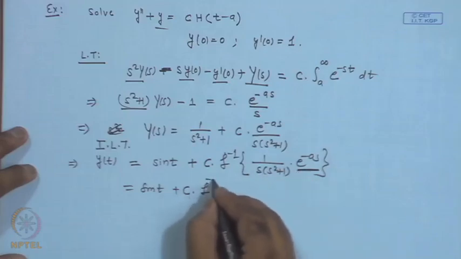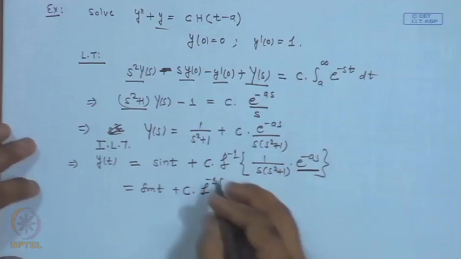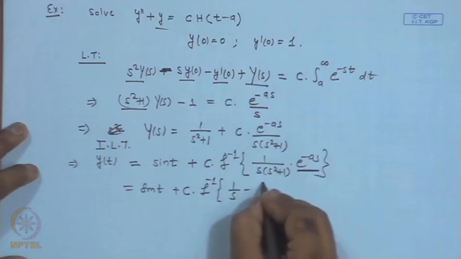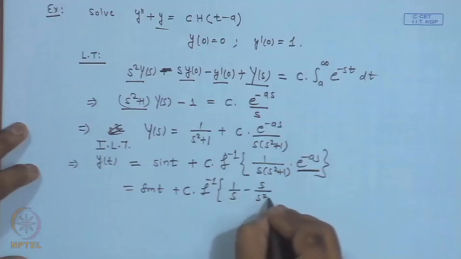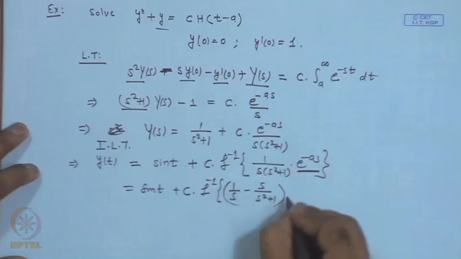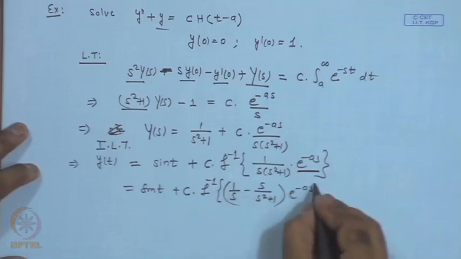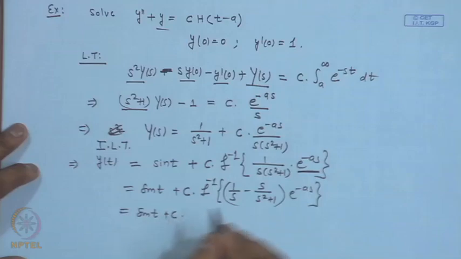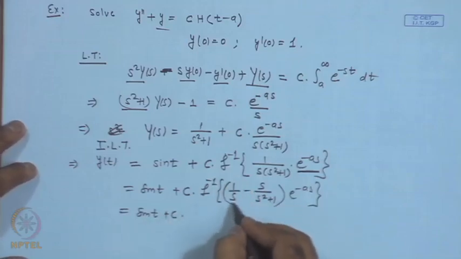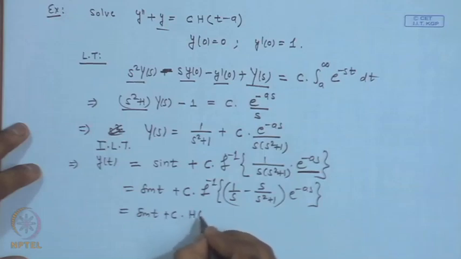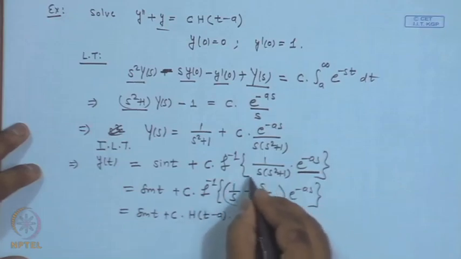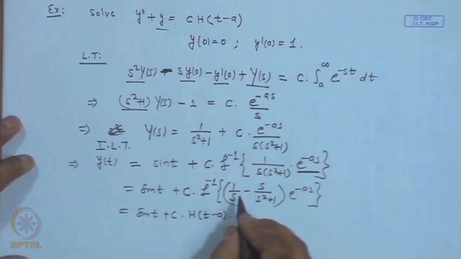For that we first need the partial fractions: 1 over s minus s over s square plus 1, times e power minus a s. So, sin t plus c, and this is the shift theorem we will be using here. The Heaviside function H(t minus a) will come, and the Laplace inverse with t minus a instead of t.